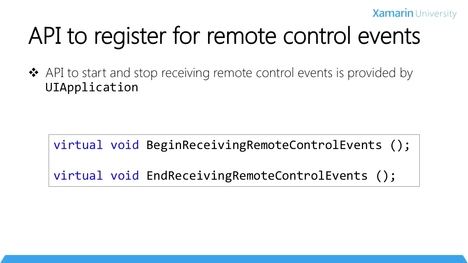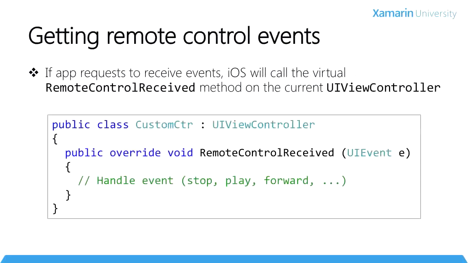Because maybe you don't want to receive these events everywhere in your app, but maybe only in one particular view controller. So a good place to put these methods is the view did appear and the view did disappear methods of the view controller that you want to use to react to them. So that's step number 1.